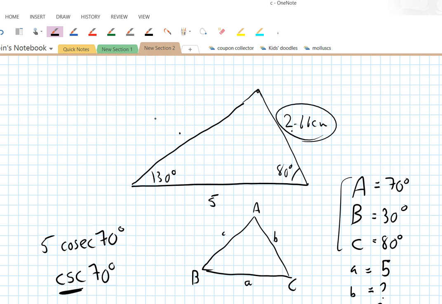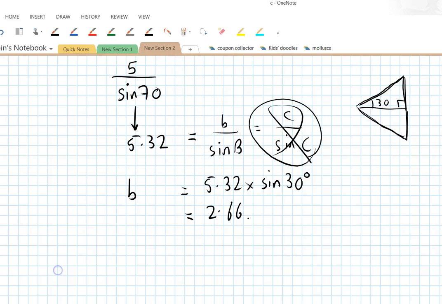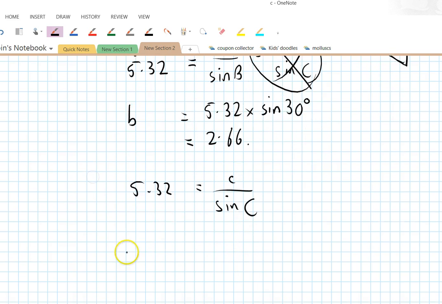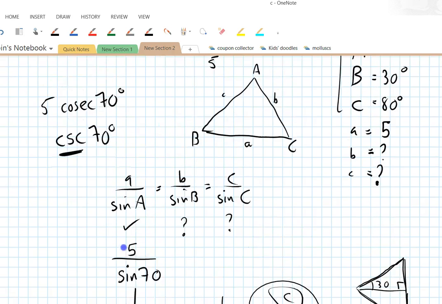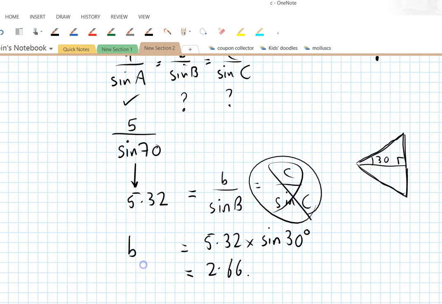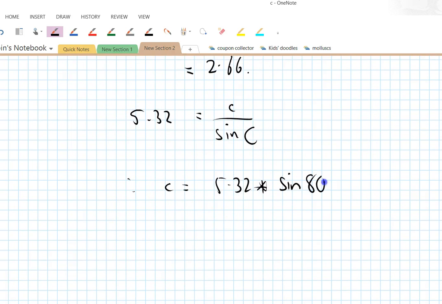Answer. Let's work out that one there, which is c over sine C. So again, we've got 5.32, which is a over sine A, equals c over sine C, and therefore little c equals 5.32 times sine of angle C, which was 80 degrees. Well, we've got to use a calculator for that. Didn't need it for sine 30, but we need it for sine 80.